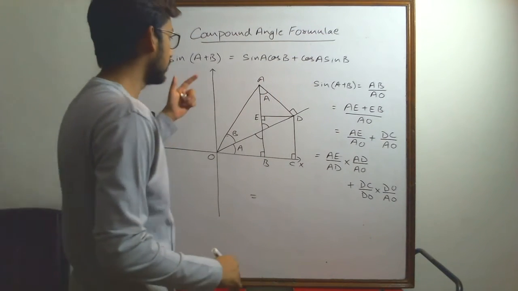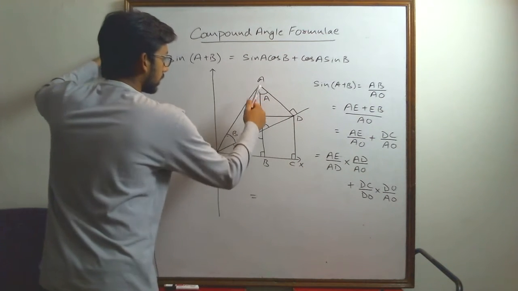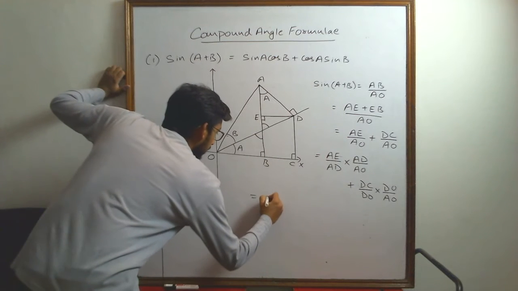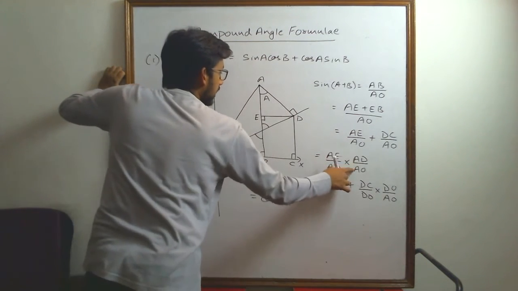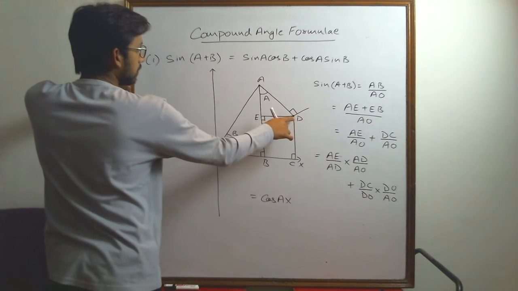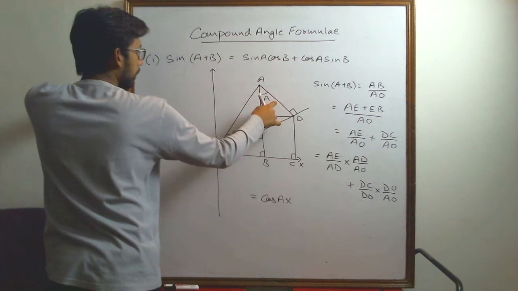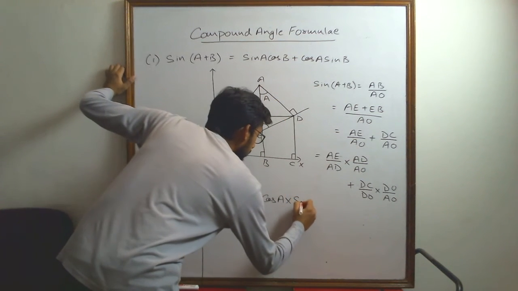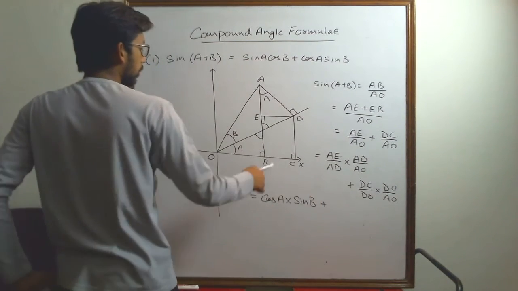Alright, now if this is A, then AE upon AD in this triangle becomes adjacent upon hypotenuse for angle A, that is cos A. AD upon AO in the triangle AOD will be opposite upon hypotenuse for angle B. So this is sine B, plus DC upon DO.